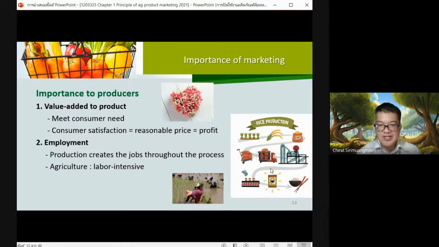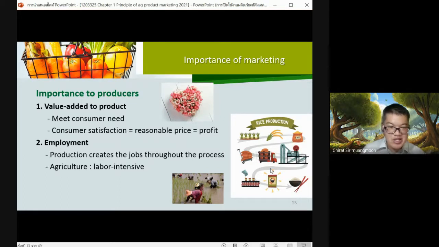The premium rice should be produced from a very good farm, and you need to take care a lot, so it drives the other processes. You need to produce it with good quality, and finally the consumer will buy it at a higher price. So marketing drives employment because it's like a chain process of production.